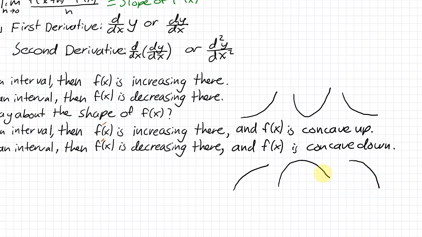So these are three concave down functions, and to see why that is, why does f prime of x increasing make f of x concave up, and why does f prime of x decreasing make f of x concave down?